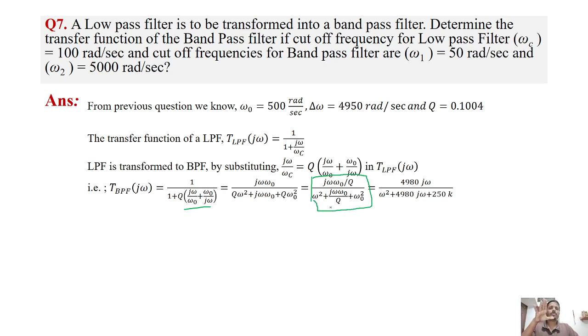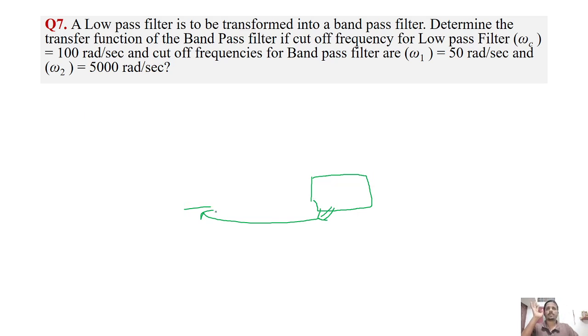They have just brought this equation to the low pass function; they have just rearranged it.